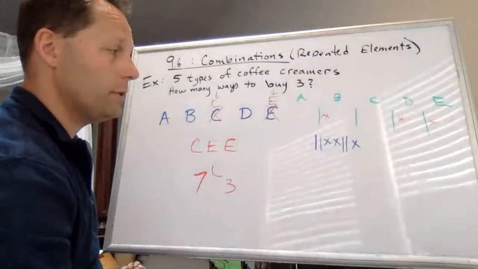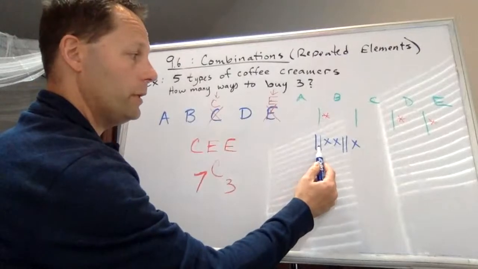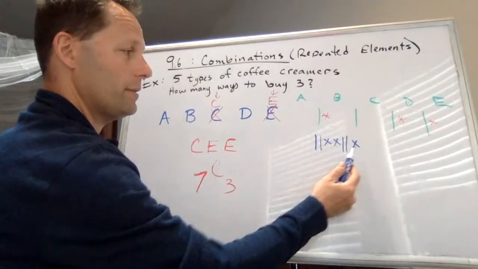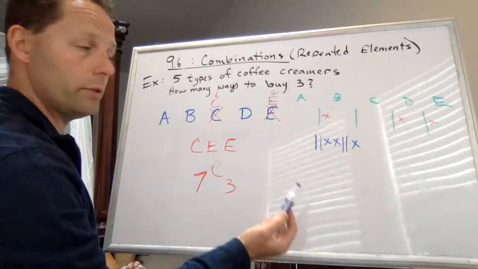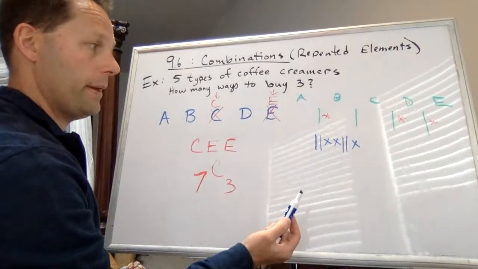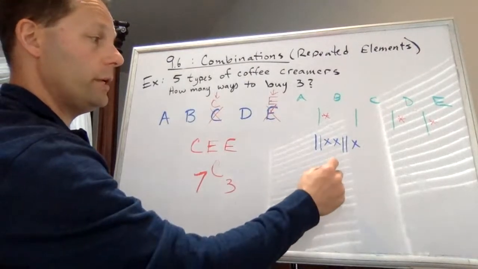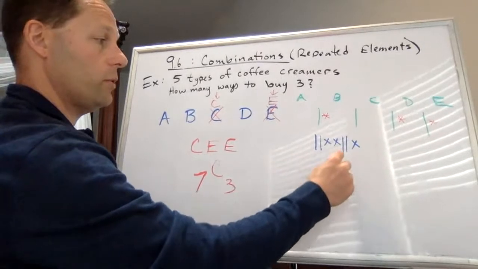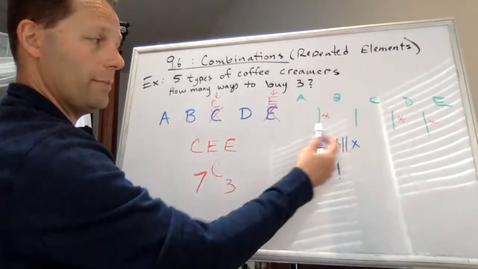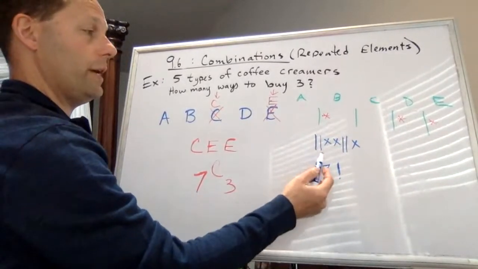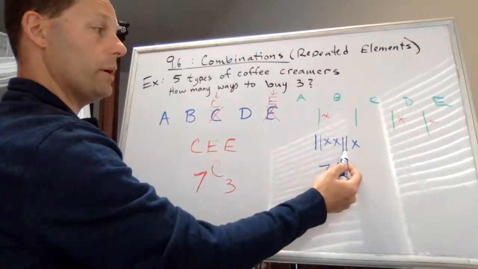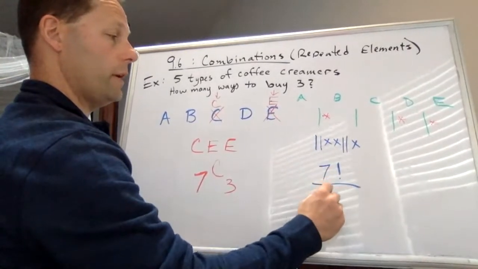So all I really have to do is rearrange 1, 2, 3, 4, 5, 6, 7 characters, bars and stars. And the way to rearrange 7 unique characters would be 7 factorial. But this is like the Mississippi question because I actually have repeats of the bars. There's 4 bars and I've got repeats.